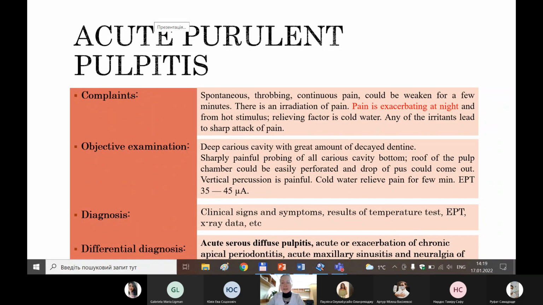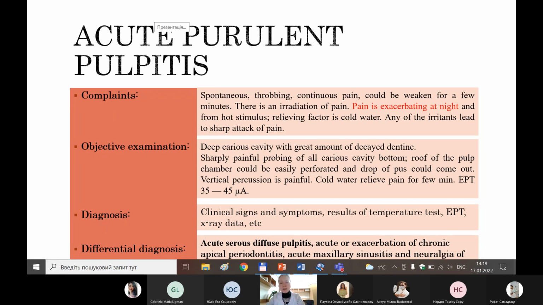In this disease, there is irradiation of pain. Pain is exacerbated at night and from hot stimulus. A relieving factor is cold water. Any of the irritants lead to a sharp attack of pain.